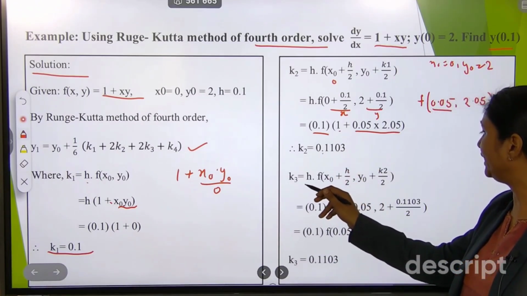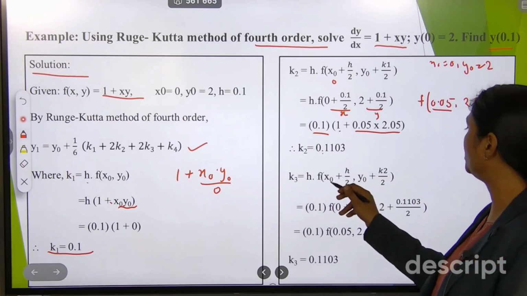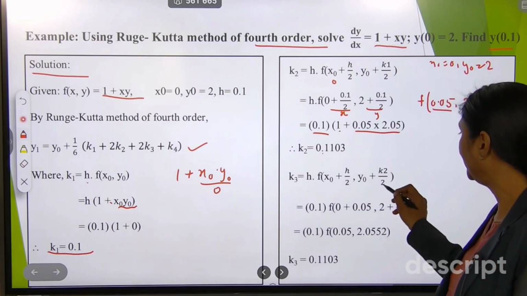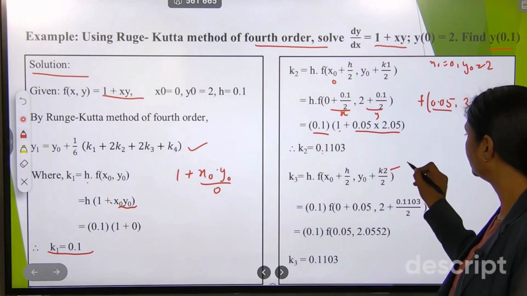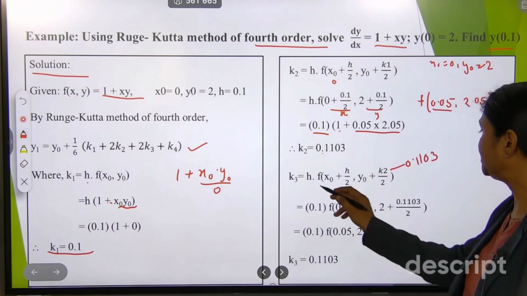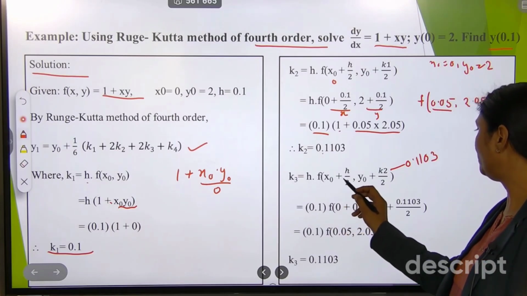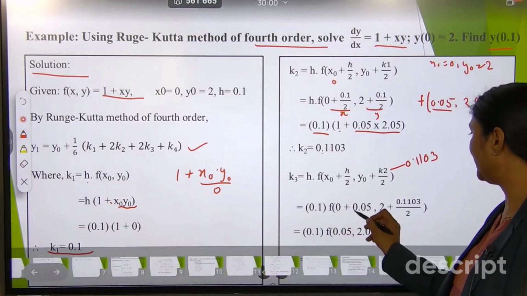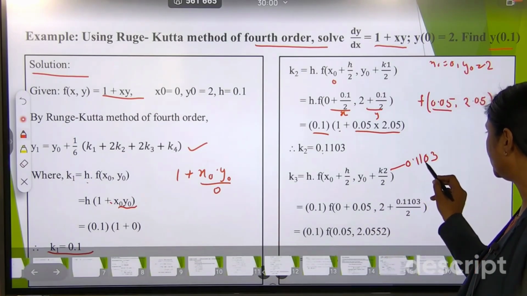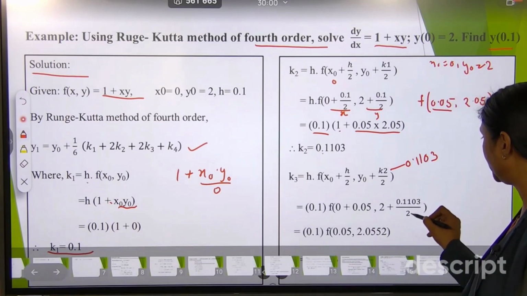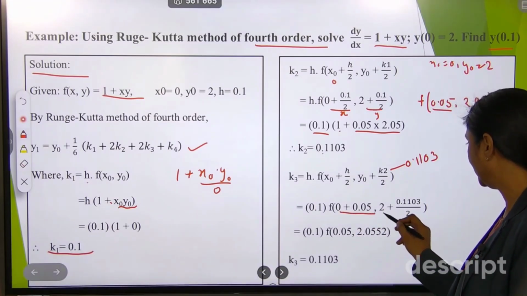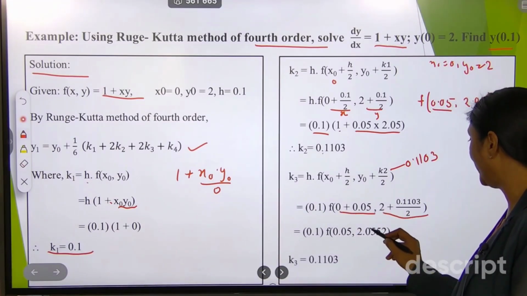Similarly, we can calculate k3 equal to h into f of x0 plus h by 2, comma y0 plus k2 by 2. Now our k2 is 0.1103, h is 0.1, and x0 plus h by 2: x0 is 0, h by 2 is 0.05, and y0 is 2 and k2 by 2, that is 0.1103 divided by 2, is about 0.055, so y is 2.055.